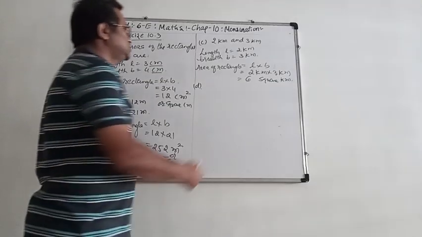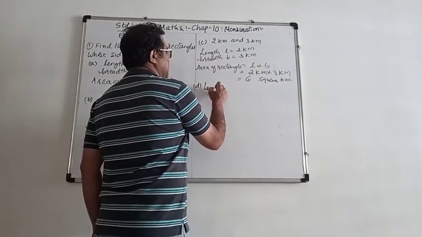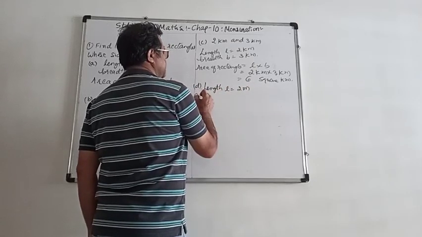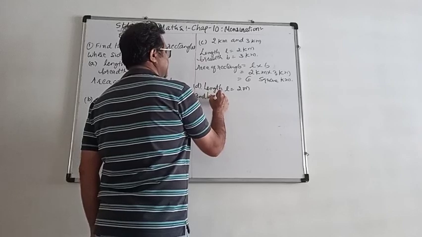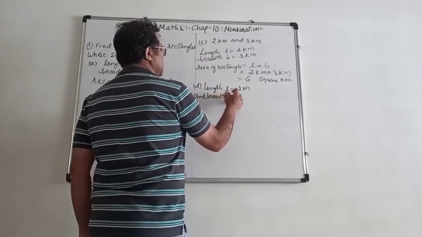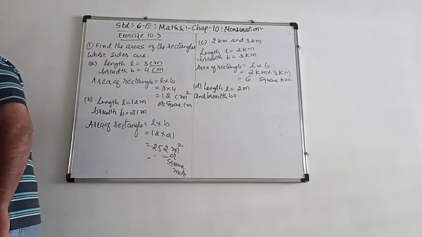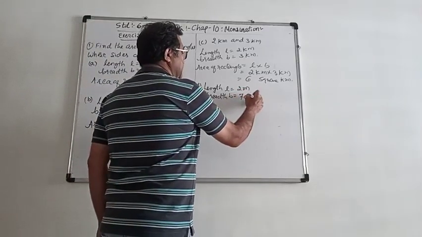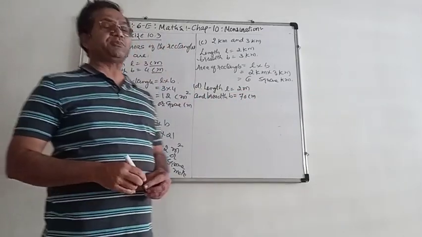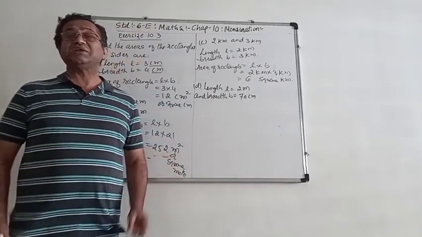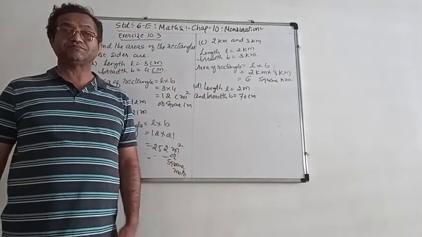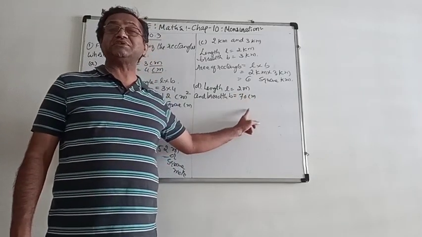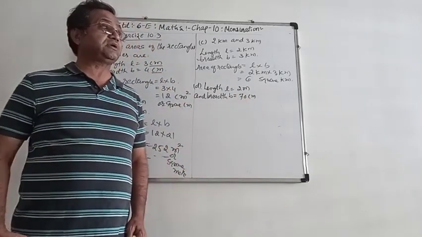Last one is length L is 2 meter and breadth B is 70 centimeter. Now here if you don't notice properly, then there is chance to make mistake, because the length is given in meter but the breadth is given in centimeter.